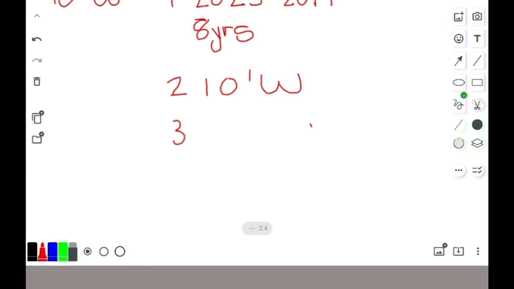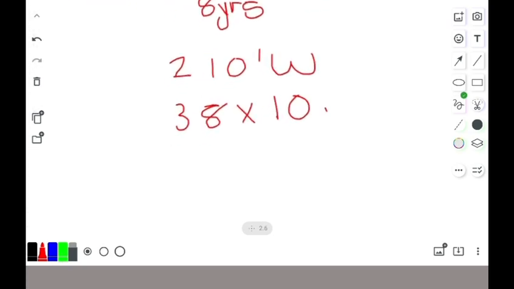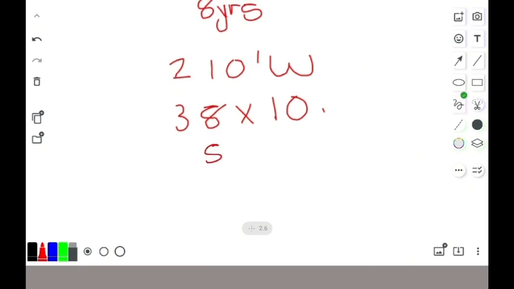Step 3 is where we calculate the total change over time. We multiply the difference in years by the mean annual change. So 8 years multiplied by 10 minutes gives us 80 minutes west.